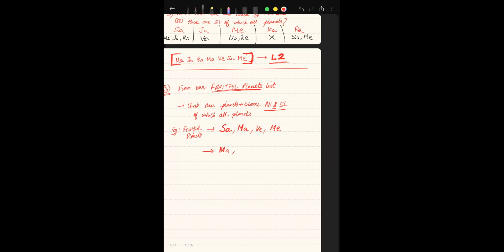So therefore, Saturn. I write down Saturn also. Next is again Rahu, Saturn. Rahu is not there. Next is Ketu and Mercury. Ketu is not there. All right. So my answer for this step becomes Mars and Saturn, which is my L3 significator. Okay. That's it.